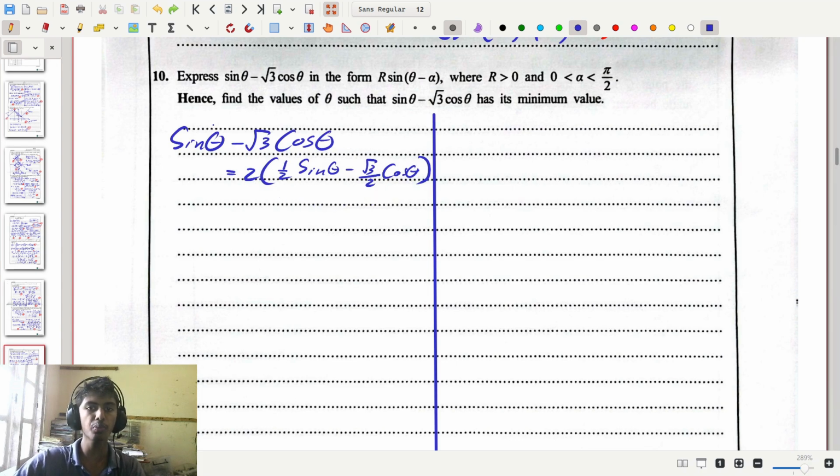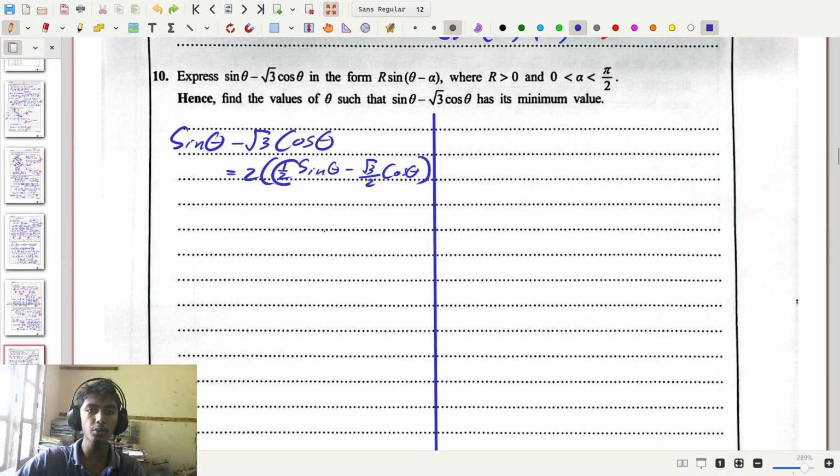In this case, we are expected to convert it into r times the sine of a single angle. So we need to use the angle addition formula in order to turn this into a sine of a single angle. If we want to do that and turn it into sine, we need the form sine of a times the cosine of something minus the cosine of a times the sine of something. Our sine value at the start is going to be theta, and this is going to be cosine of theta.